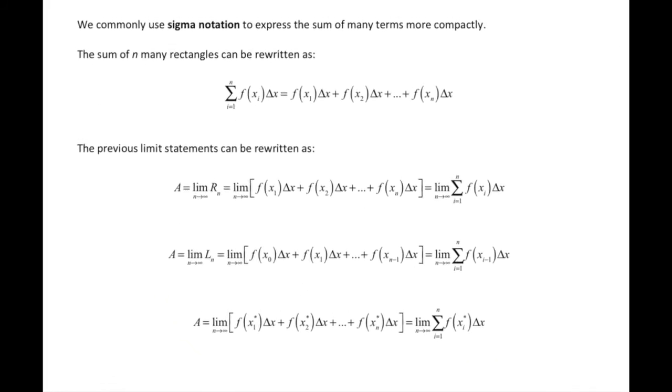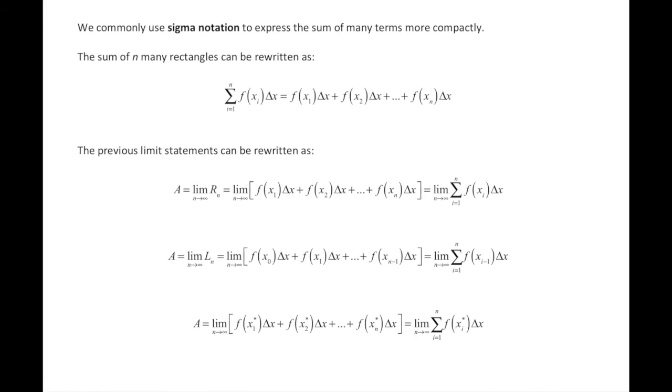Now a common notation we can use is sigma notation. The Greek letter S is this sigma. Perhaps you've seen this in statistics before. This means sum. So this is the short way of representing a repeated sum. Perhaps you saw this last year in pre-calculus when you were talking about series. A series is a sum of values. So the sum of n many rectangles can be rewritten with this expression.